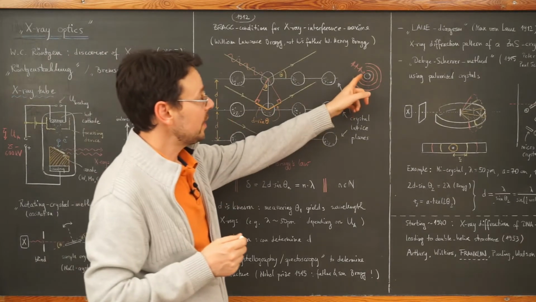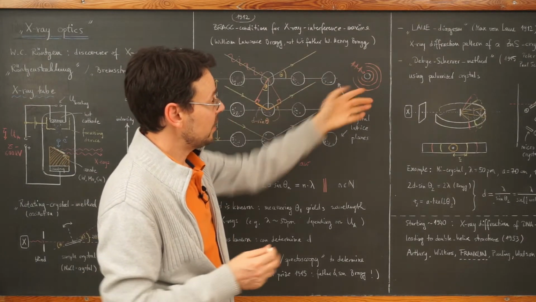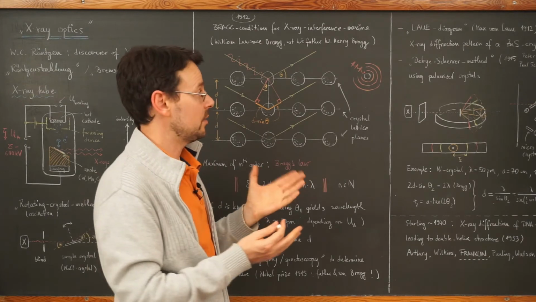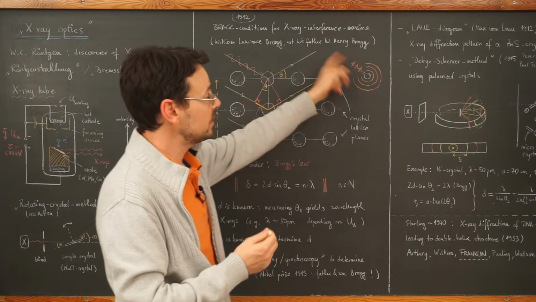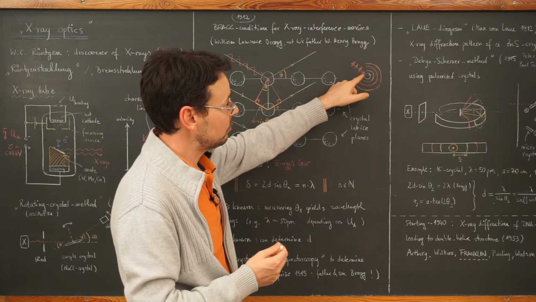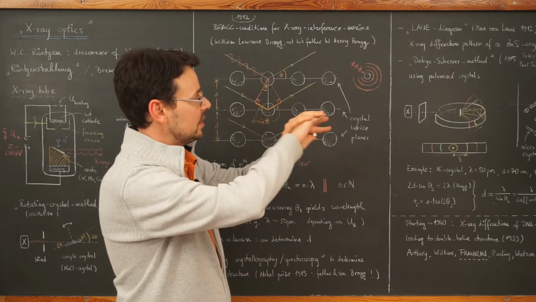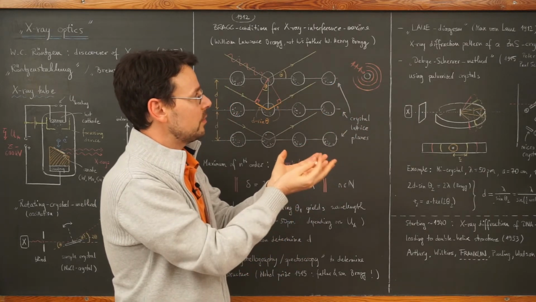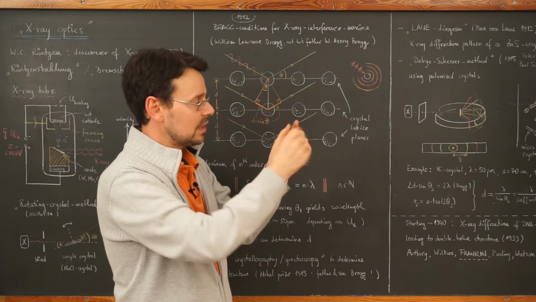Now, what happens in general when an X-ray, which is nothing but an electromagnetic wave of very short wavelength, hits an atom? Well, when this hits the electronic cloud around the nucleus, it moves the cloud.